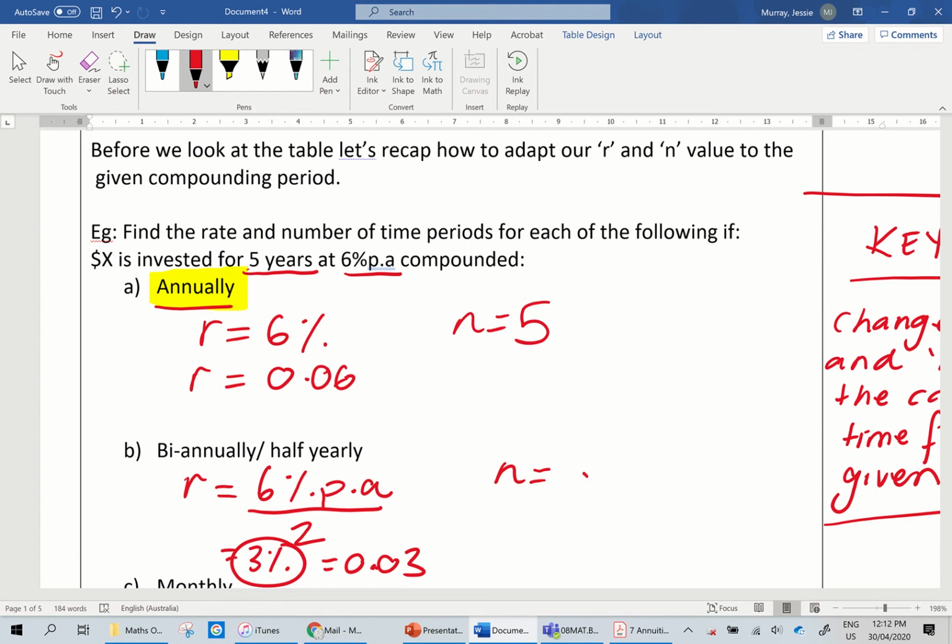And you should note that it will be 10 times. So once again, if they're looking at it every half a year, that means they're looking at it twice a year. For 5 years, gives you a total of 10 times. So then, when we go to our table, you would look for the N value of 10 and the R value of 3.